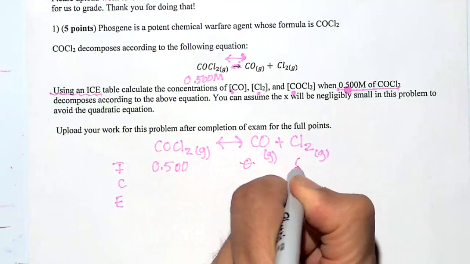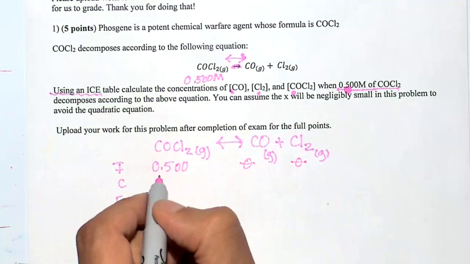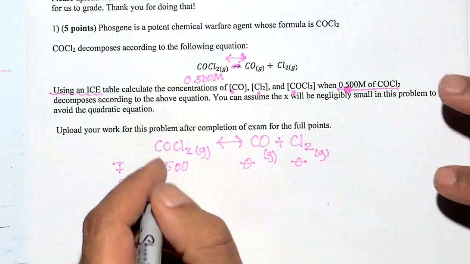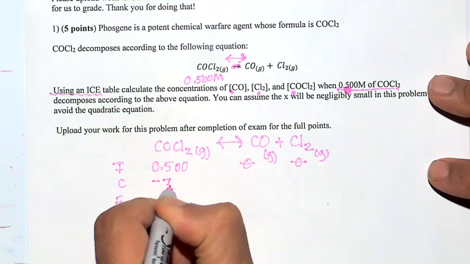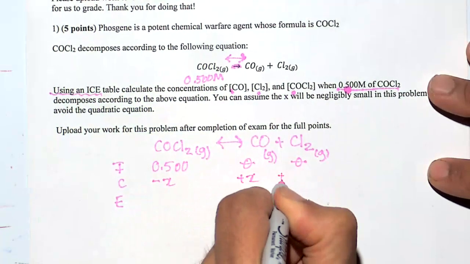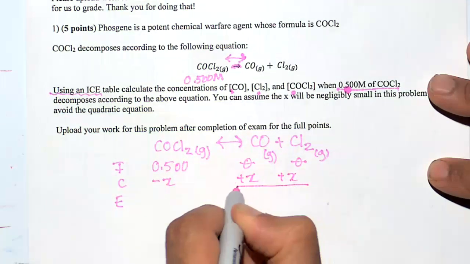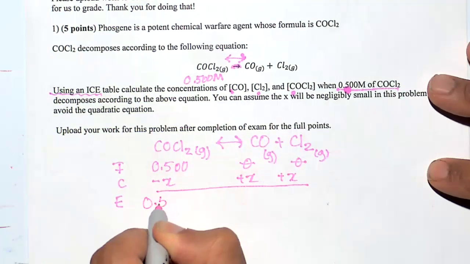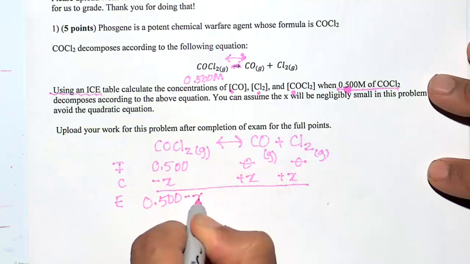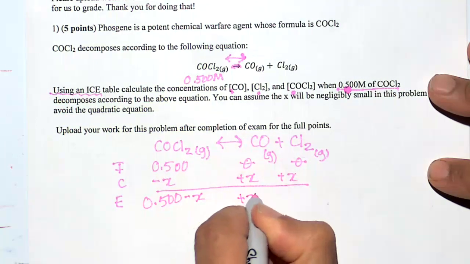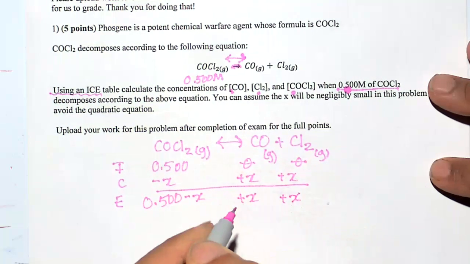0.5, and that's 0, and that's 0. So it's going to go this way when you started out with 0.5 molar: minus x, plus x, plus x. So this will be 0.50 minus x, this will be plus x, and this will be plus x.